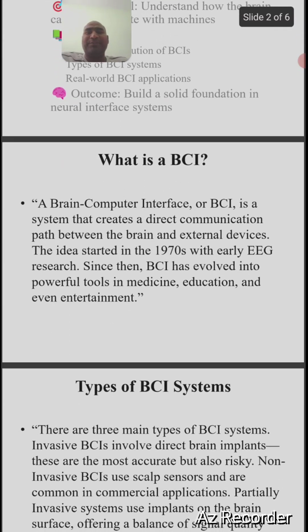So what does BCI mean? A brain computer interface, or BCI, is a system that creates a direct communication path between the brain and external devices. The idea started in the 1970s with early EEG research. Since then, BCI has evolved into powerful tools in medicine, education, and even entertainment.